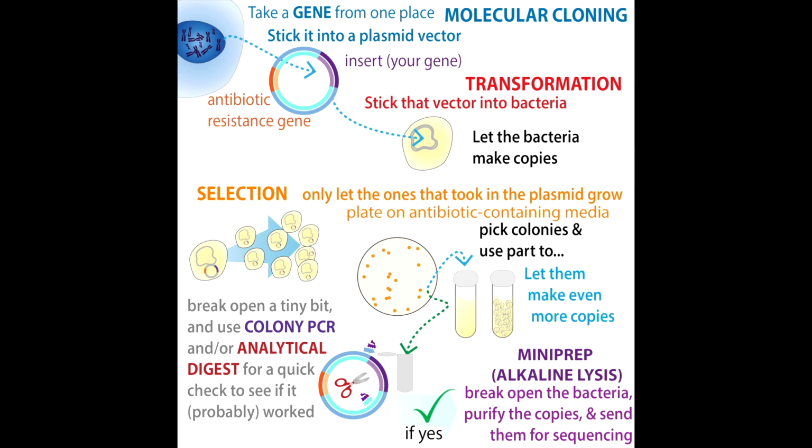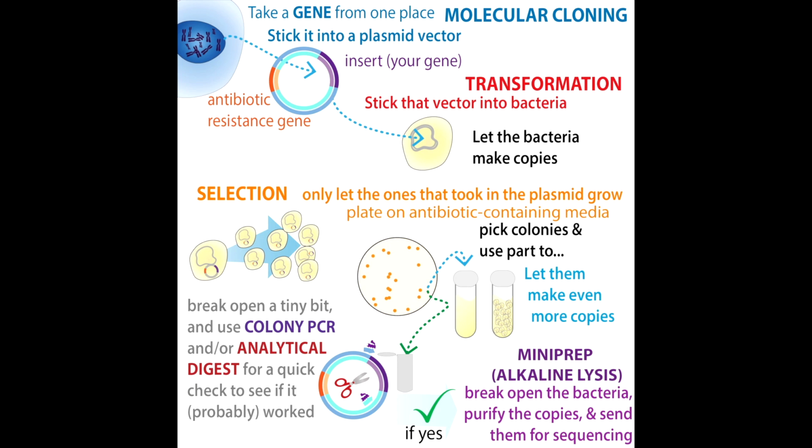The problem is, not all of the plasmid necessarily has your insert in it. So we take steps to try to ensure that only the plasmid that actually has your insert gets in. But sometimes the parent vector, so basically the unmodified plasmid, can get in there.